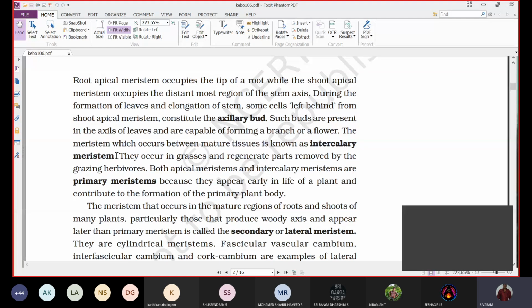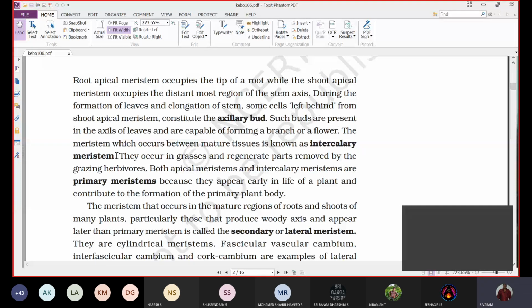The elongation of the stem, the formation of the leaf at the nodes, and the formation of axillary buds which later give rise to branches all come under the intercalary meristems, because they are occurring at the nodes, in between the mature tissues.